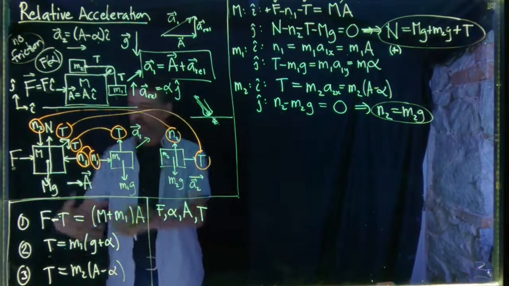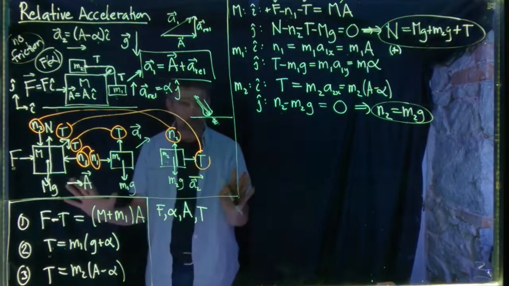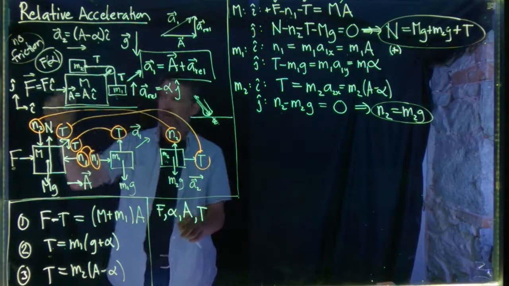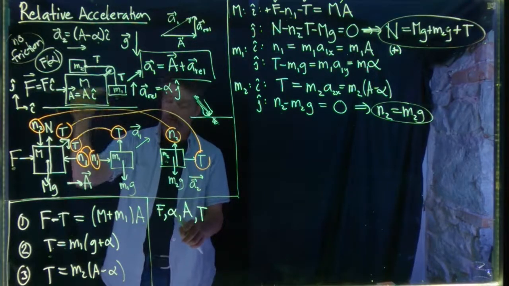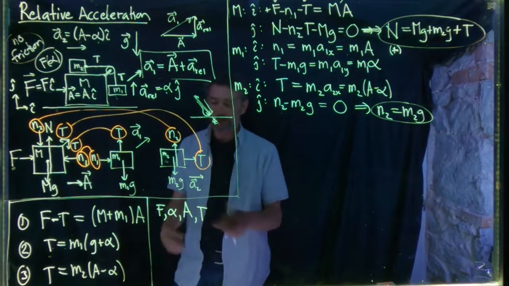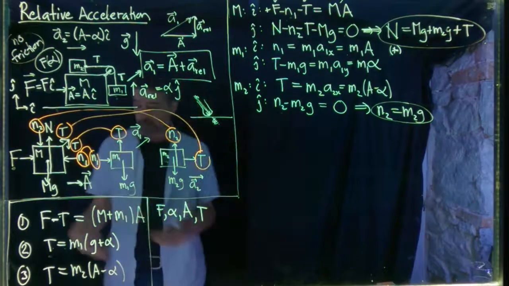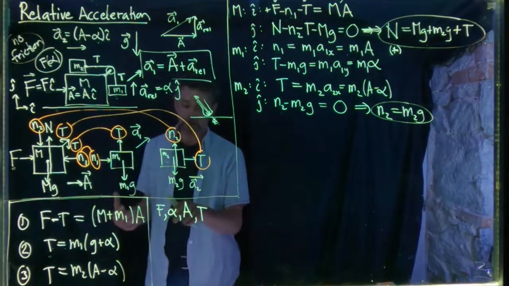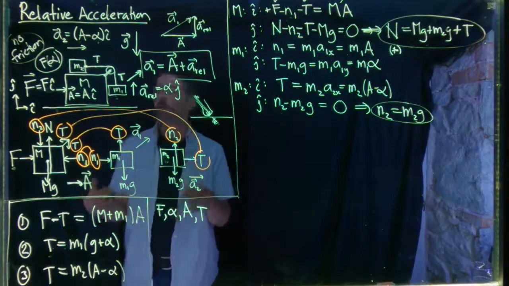So in this set of three equations, there are four variables. There's the force F, there's the upward acceleration alpha, there's the acceleration A of big M and little m1 to the right, and there's the tension T in that rope. So these are four variables, and we have three equations. So what we need to do is specify one of them as given.